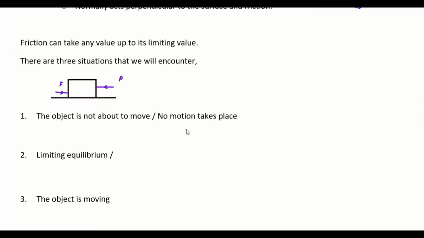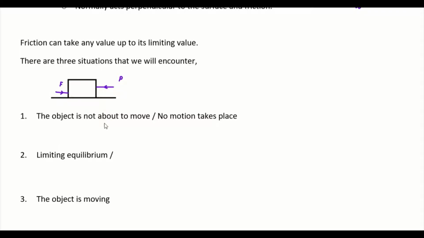Okay, so now these are the three situations that we'll be looking at. The first one is the object is not about to move, meaning there's no motion that takes place. You can imagine you are applying a certain push, so this force will actually increase according to the push.